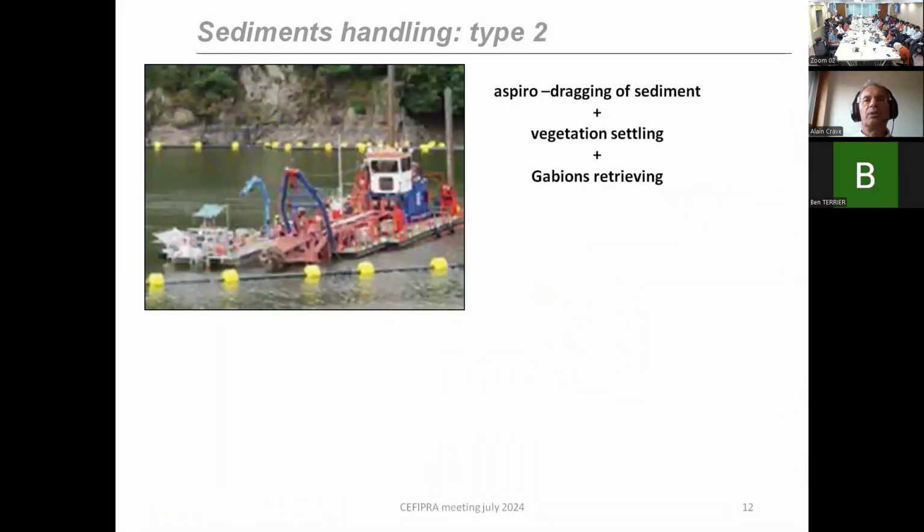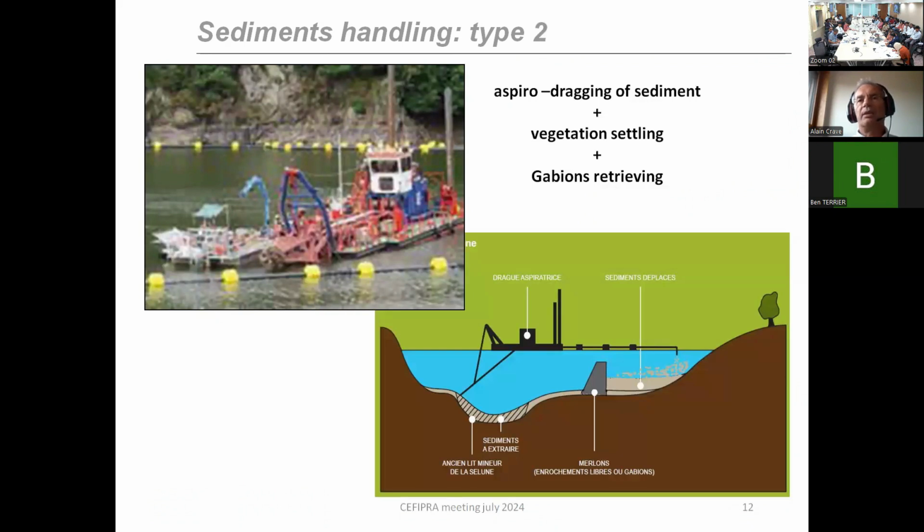The second way of operation is to make a dredging operation of sediments and to put these sediments in a reservoir that has been built temporarily during this operation. And so we put the sediment, which is more or less mud, and we leave this mud to settle in this reservoir.